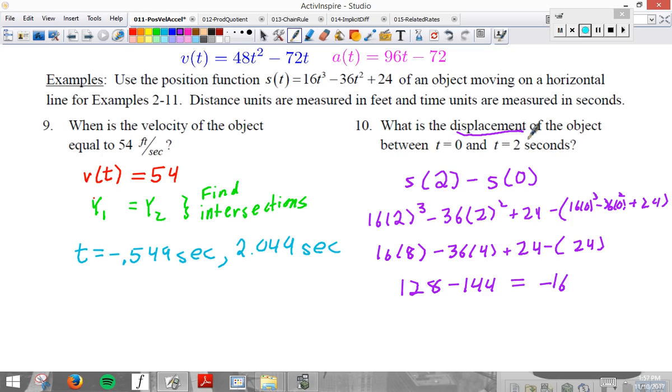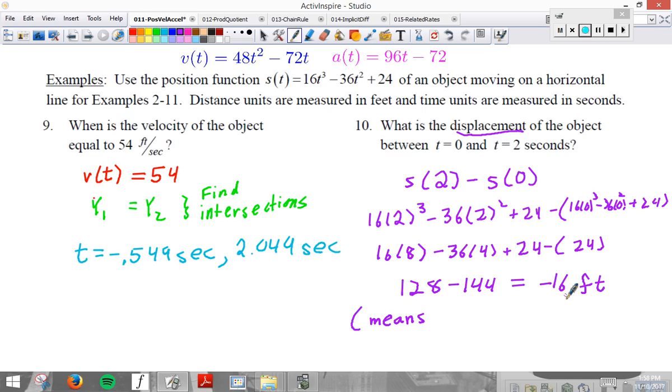And what kind of units are we going to use? We're going to use feet, because again, this is a distance type thing. And what does this mean? A displacement is measuring how far you are off the initial position. So in the analogy I was using earlier with my car, a displacement would mean that the car was 16 feet to the left of where it was initially.